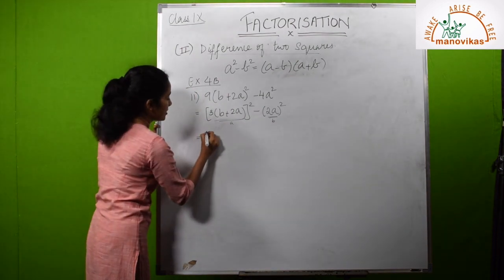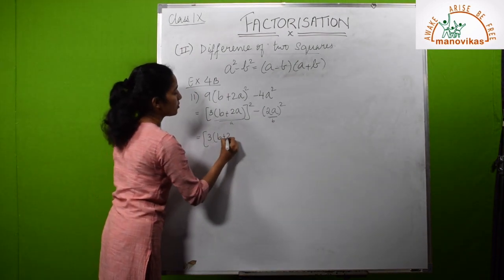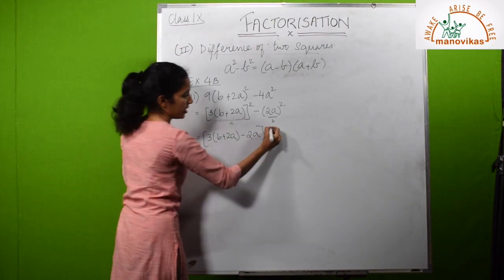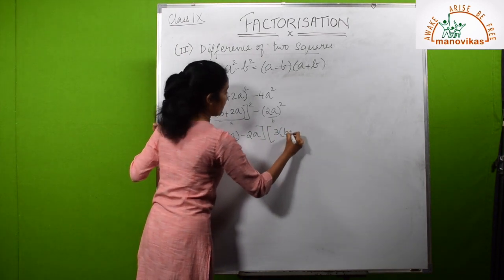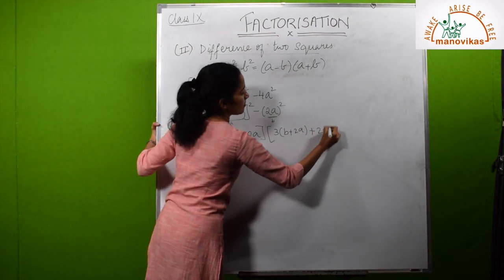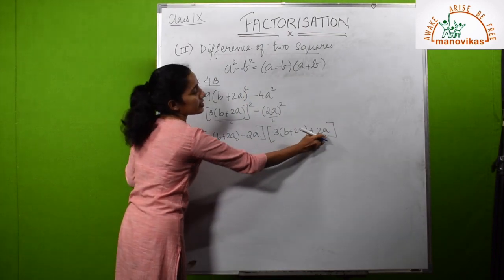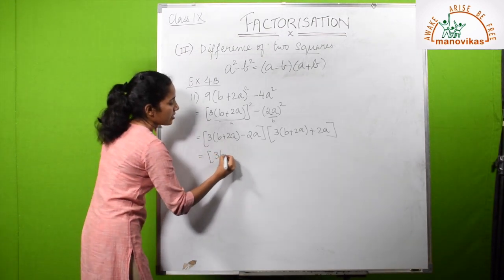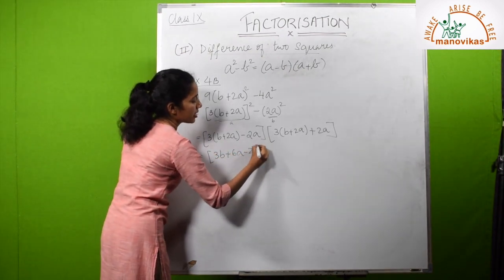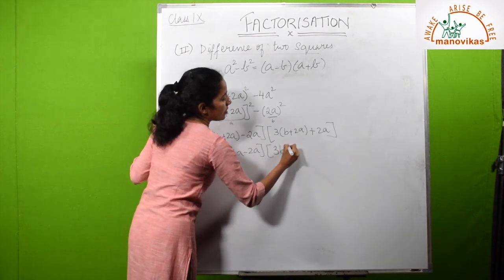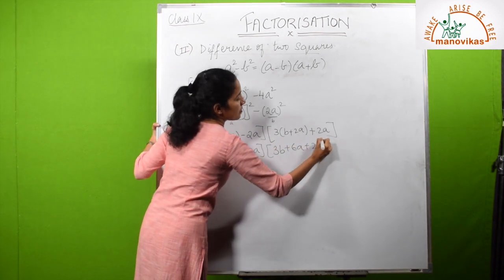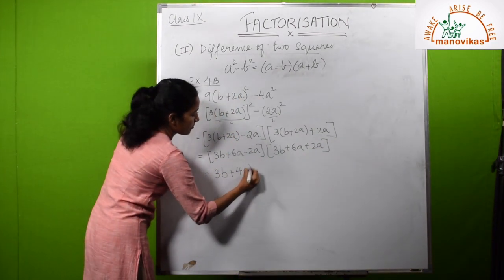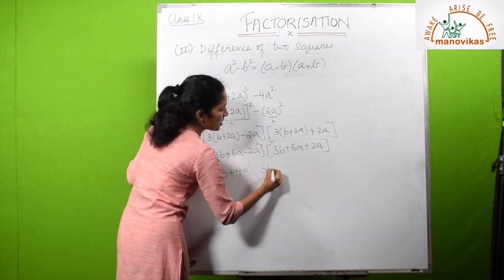So you have this as 3 into b plus 2a minus 2a, that is a minus b, and 3 times b plus 2a plus 2a, that will be a plus b. So opening up the brackets, I get 3b plus 6a minus 2a, which is 3b plus 4a, and this one will be 3b plus 8a.